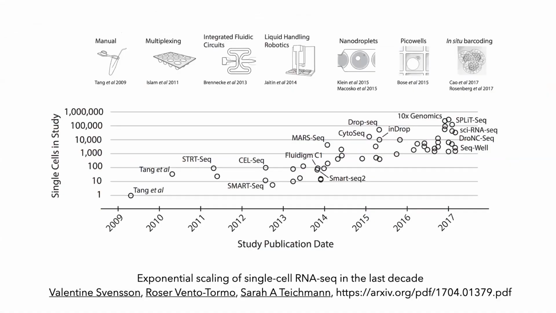Over the course of the past decade or so, there has been a tremendous growth in the number of different library preparation techniques that have been used to generate single cell data. A lot of this had to do with lab automation.